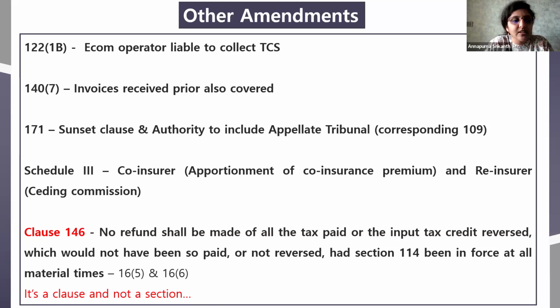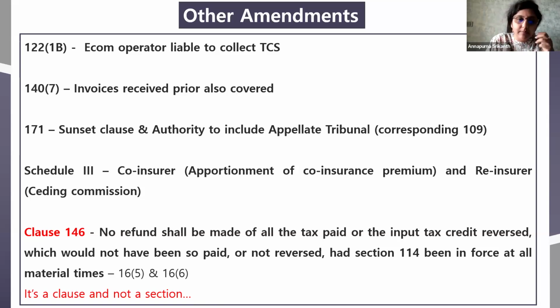And of course, in 171, we have this sunset clause of a date by when the anti-profiteering authority would stop receiving applications in this regard. And the word authority would include even the appellate tribunal. These are the corresponding amendments we see in 109 as well as 171.